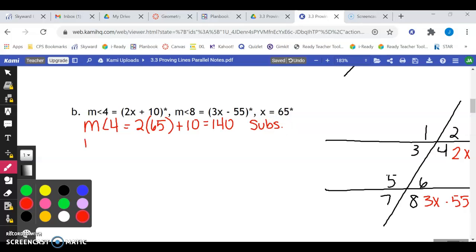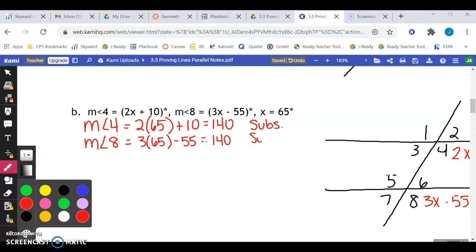I'm going to do the same thing for the measure of angle 8. We're going to do 3 times 65 minus 55. 3 times 65 is 195, and if I subtract 55 from that, I have 140 as well.